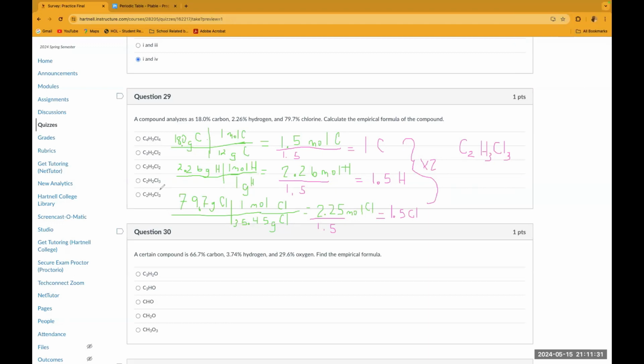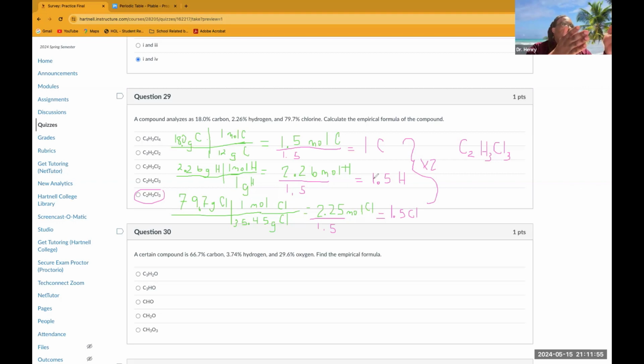Wait, why do we double it again? So you double it because you ended up with 1.5. You're always gonna get your 1, right? If your other numbers are like 1.8 or 1.75, then you're gonna have to find a number to multiply it by to make it close to a whole number.